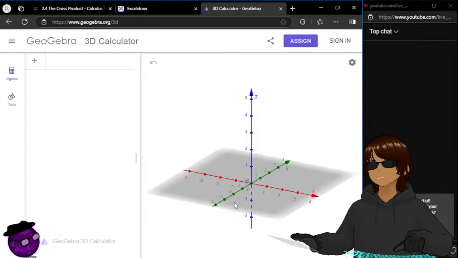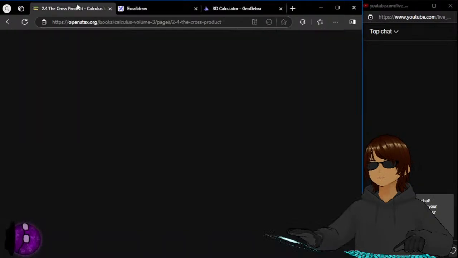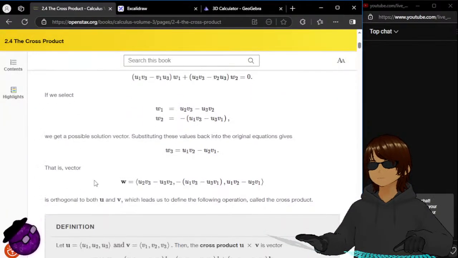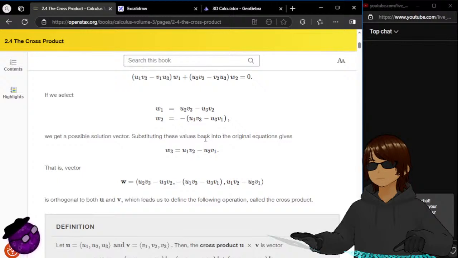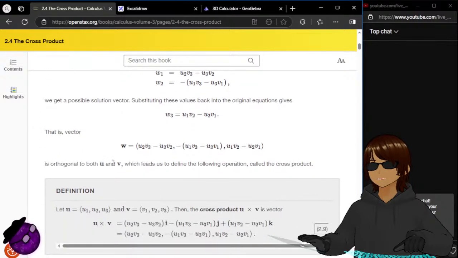Then the green vector can have two directions, right? That is, vector w is this. So w1 is this, w2 is this, and w3 is this. This is orthogonal to both u and v, but in which direction though?